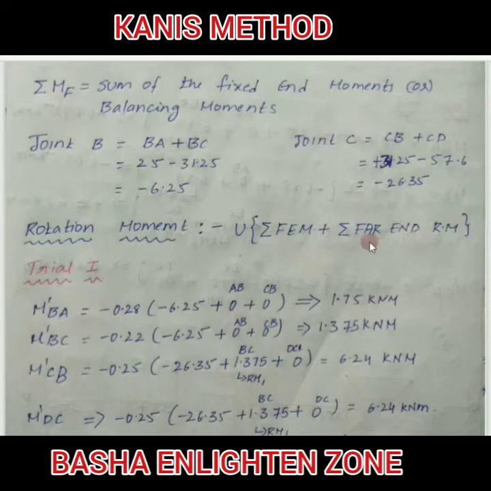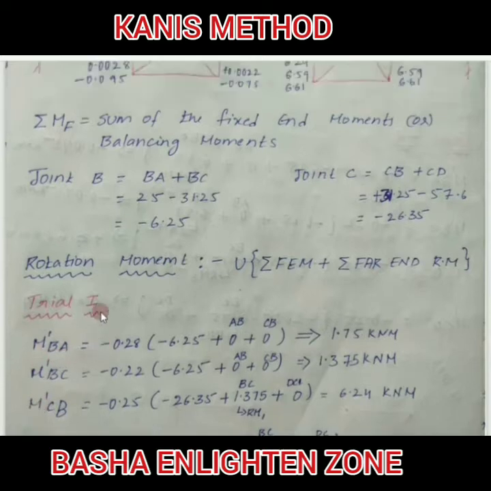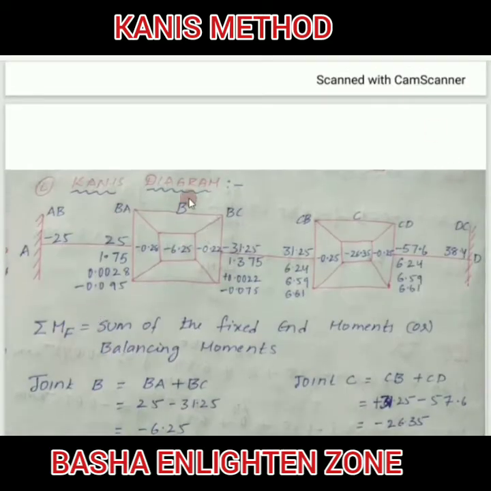So friends, see here, again I will tell you one important note. I am calculating BA. Always remember, for joint B, A and C are the forends. For joint B, A and C are the forends. Similarly, for joint C, B and D are the forends.